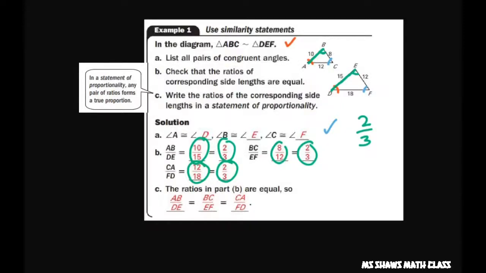So the ratios in part B are equal, so AB over DE equals all these proportions here. AB is to DE as BC to EF, and then AC goes with DF. You can just look at this right here and fill this part out.